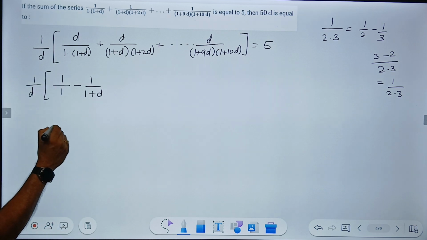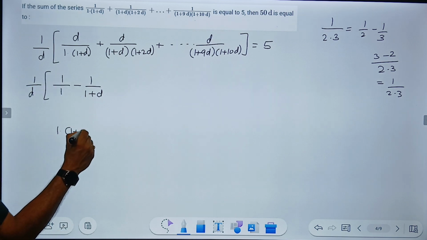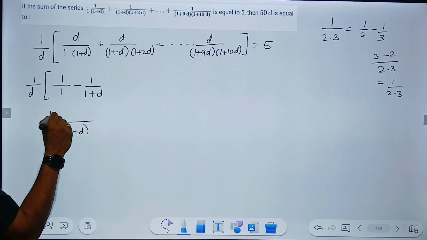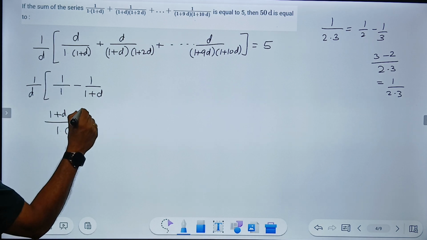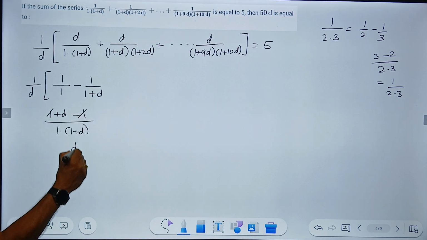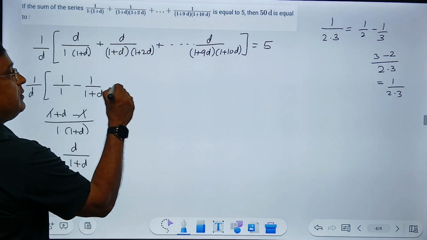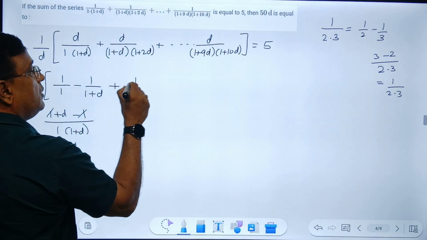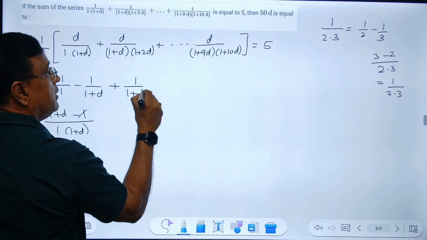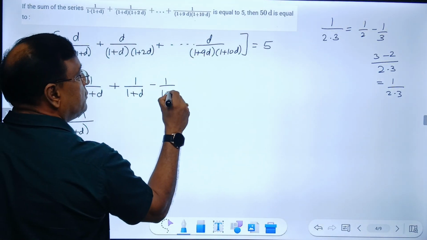You get 1 into 1 plus d, and in the numerator I get 1 plus d minus 1. They get cancelled. I get d by 1 plus d. That is exactly what is here. Correct? Now, how will I write this? This I will write as 1 by 1 plus d minus 1 by 1 plus 2d.